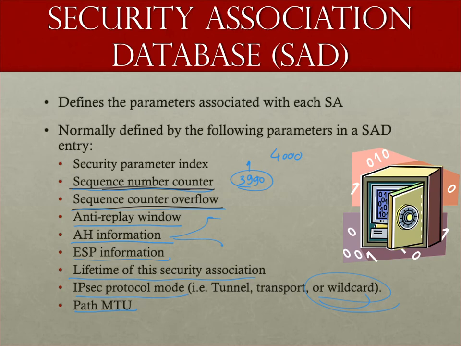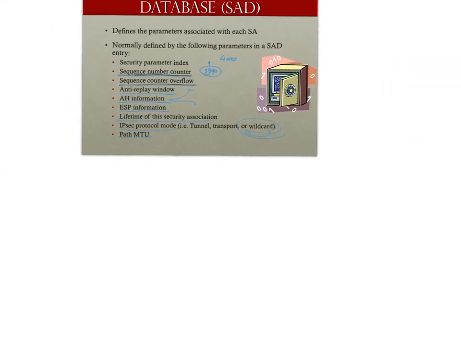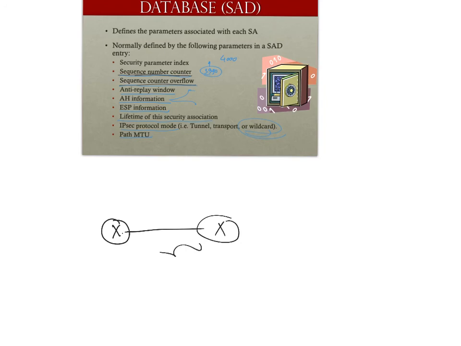Path maximum transmission. Do you remember maximum transmission? Does anyone remember what it is used for? So if you have a router and a certain network access technology here, and you have multiple hops, right?